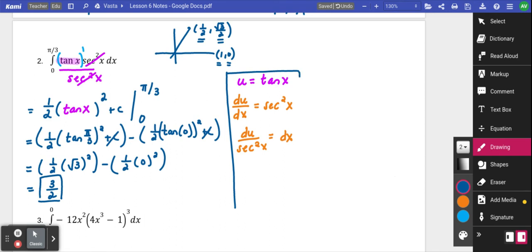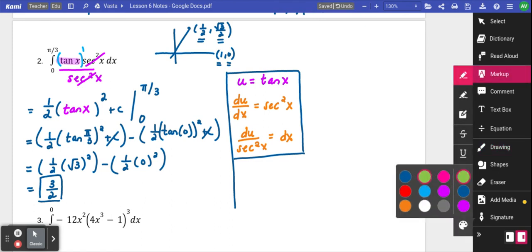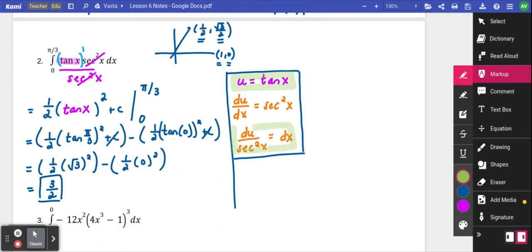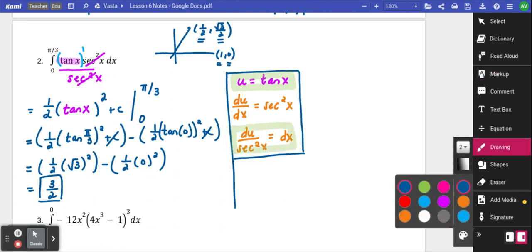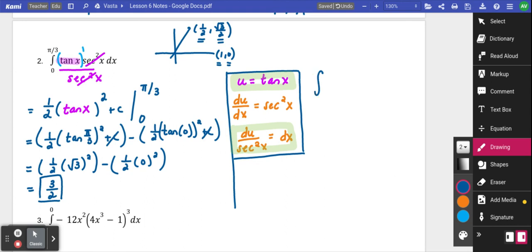Now, this is all work that I'm going to do on the side before I actually start my problem. So the next step is the u substitution part. The two important parts for the u substitution are the u and the dx. So my new integral is going to have u instead of tangent.